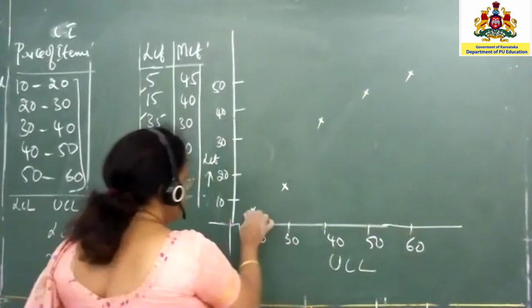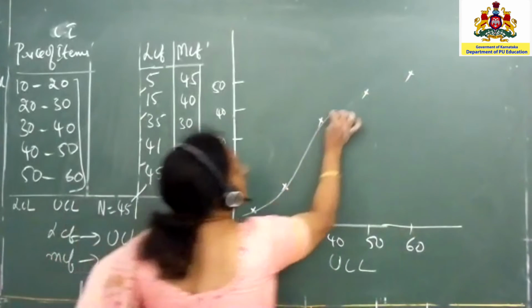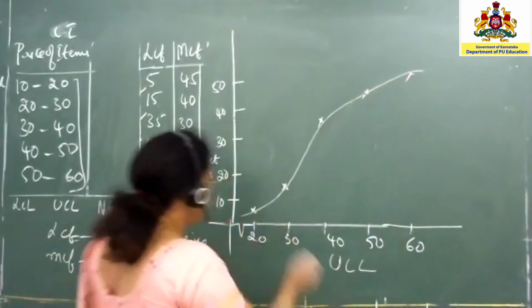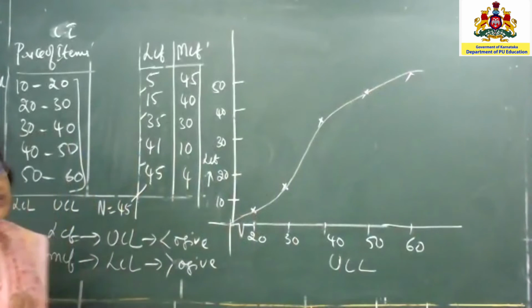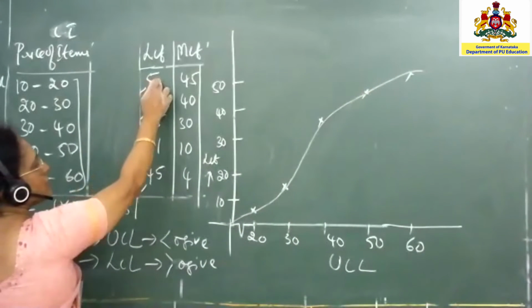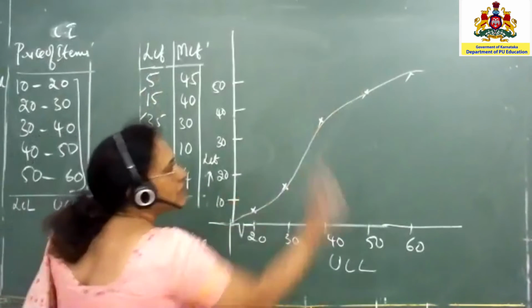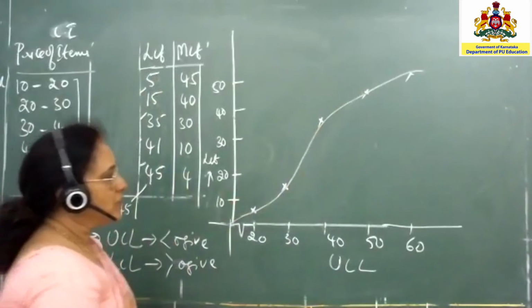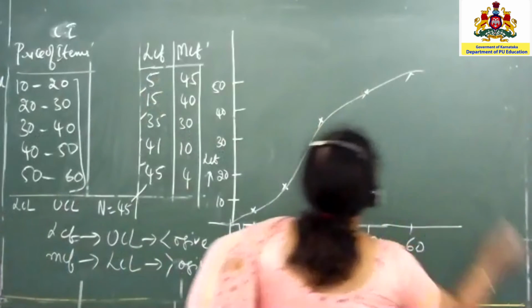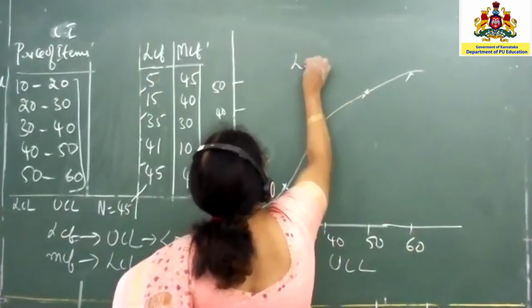Now you see, this is also a free hand curve. Now you have to join this. So as I told you, LCF starts with a lesser value and gradually increases. So this is also an increasing curve. So less than Ogive is an increasing curve. So you can write this now.